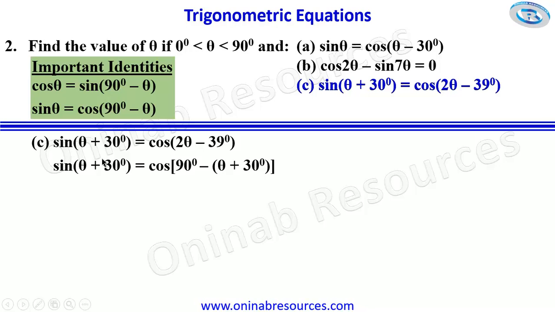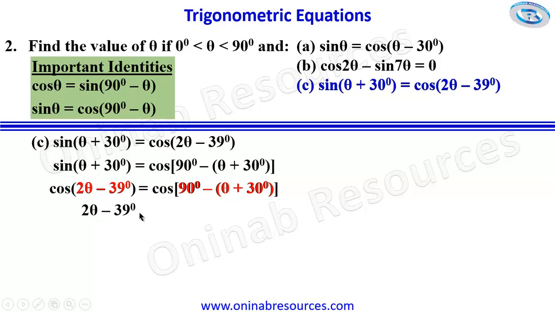Since the left hand sides are equal, the right hand sides are also going to be equal. So we have cos 2 theta minus 39 is equal to cos 90 degrees minus (theta plus 30 degrees). Since both of them are cosine, 2 theta minus 39 degrees is going to be 90 degrees minus (theta plus 30 degrees). So we have 2 theta minus 39 degrees is equal to 90 degrees minus theta minus 30. I have expanded this bracket.